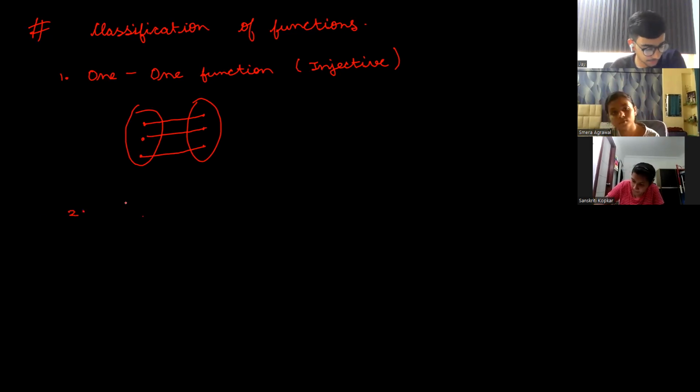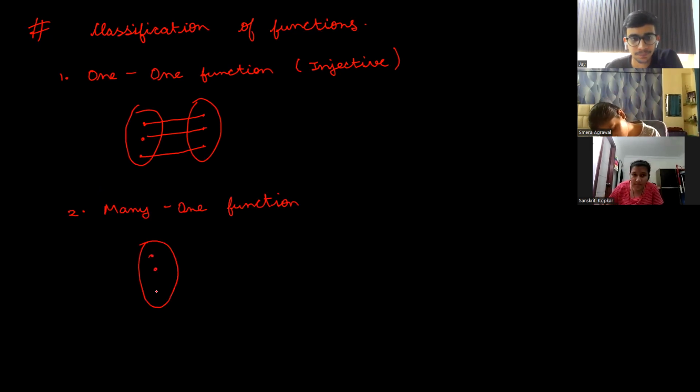The second is many to one. So many to one में क्या होगा? More than one element of A are connected to one element of B. Right.